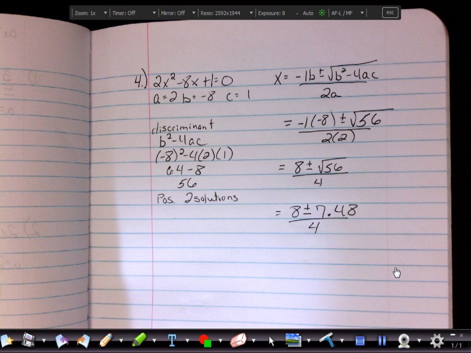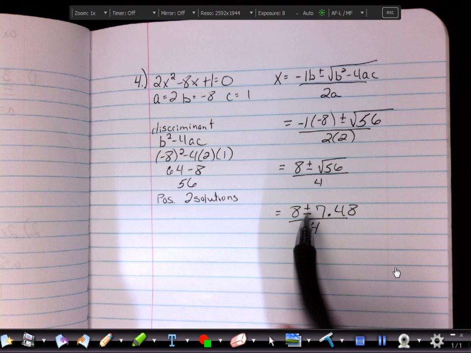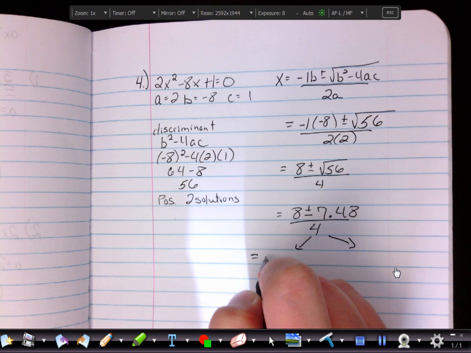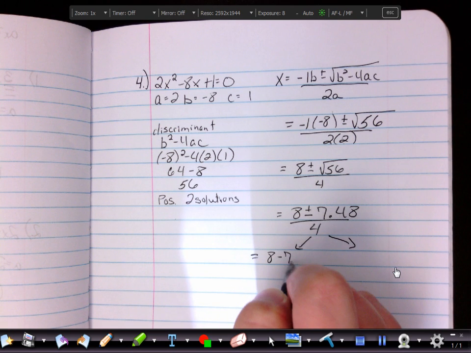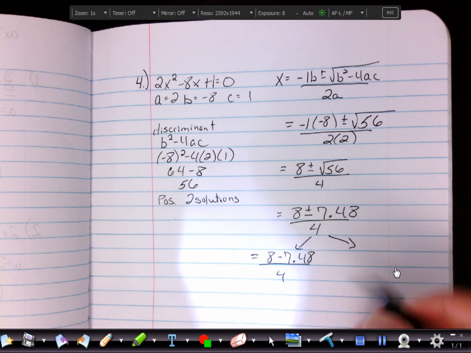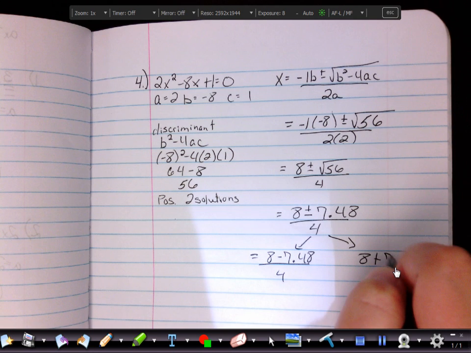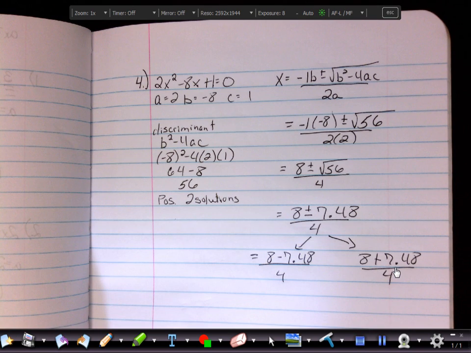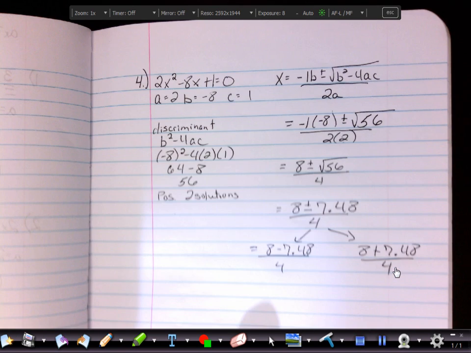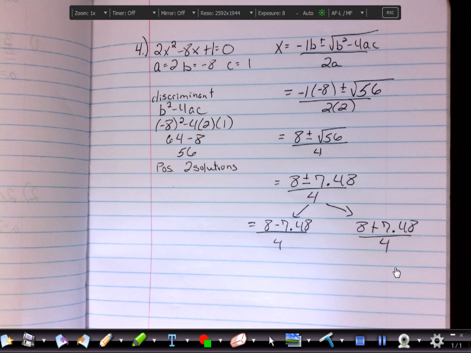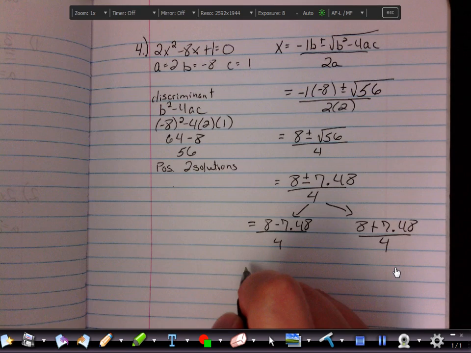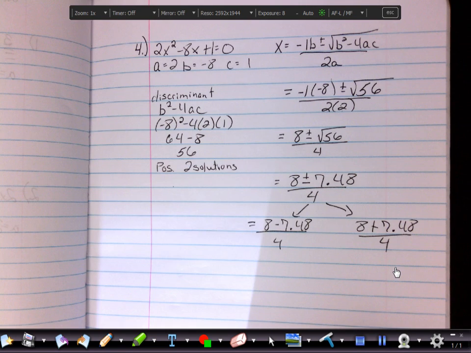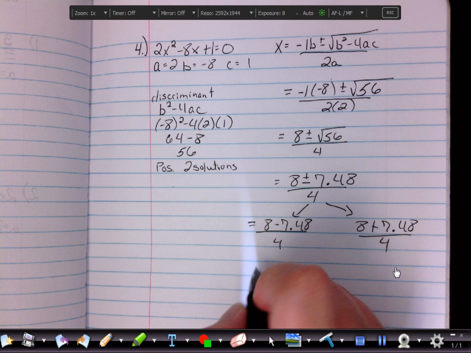Now I have to split this up because I have a plus and a minus here. So I'm going to split this up into 2. And I'm going to say 8 minus 7.48 over 4, and 8 plus 7.48 over 4. And this is actually going to become an approximately, because we are having to round here.